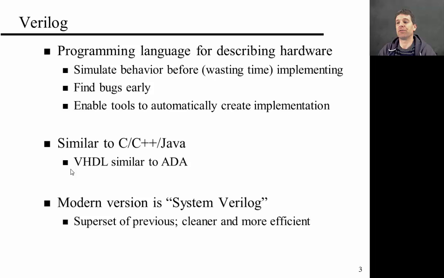It's a little bit similar to C or Java or other programming languages, although it's not quite the same because it's really a hardware specification language. There are different versions of Verilog. We're mostly using SystemVerilog here.